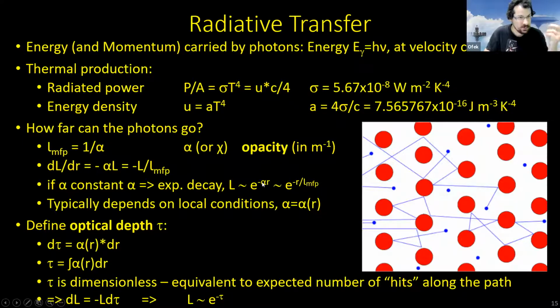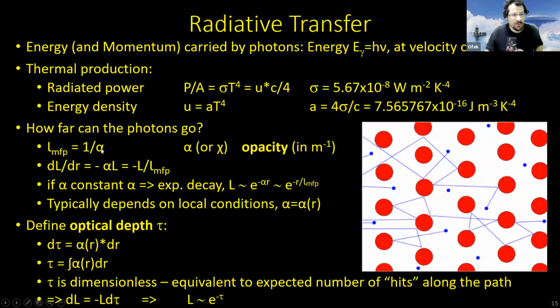Again, alpha has units of 1 over distance, so the exponent is dimensionless, or equivalently, it decays like e to the minus r over the mean free path. After 1 mean free path, you'll have 1 over e of the original luminosity. After 2 mean free paths, you'll have 1 over e squared of the original luminosity, etc. So if alpha is a big number, that means the mean free path is a very small distance, and that means your luminosity can decay quite fast.